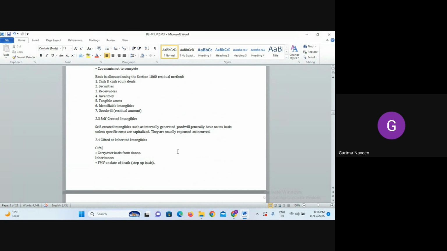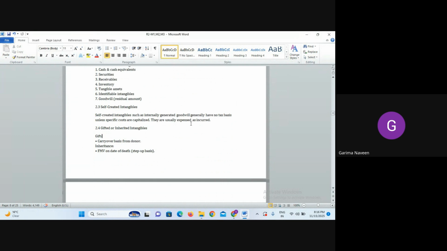Some of the expenses you can capitalize, like your cost of development, legal cost, any government fees, any research and experimentation. This you can capitalize. Otherwise, other costs are expenses.